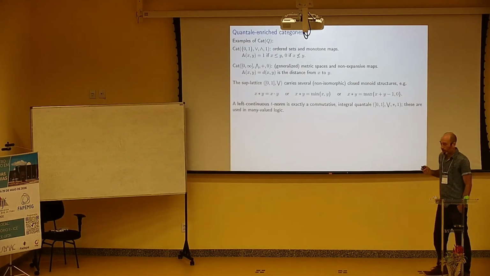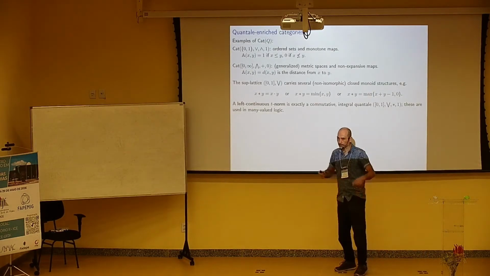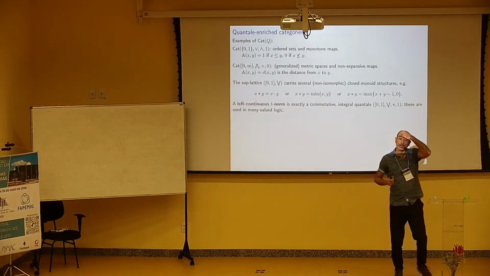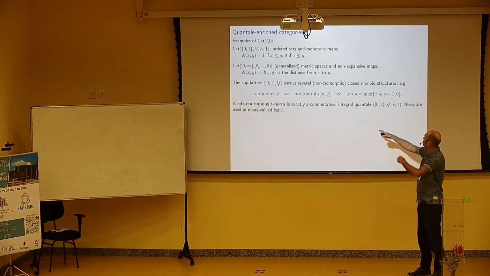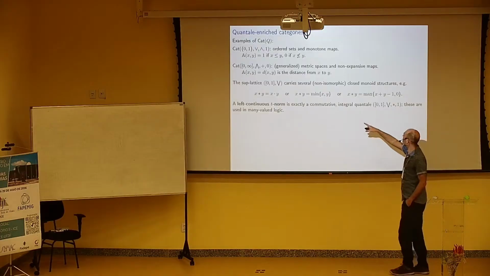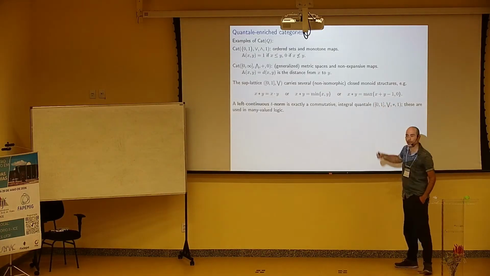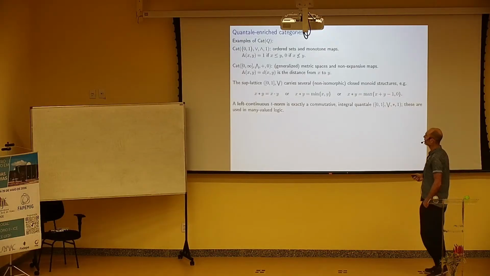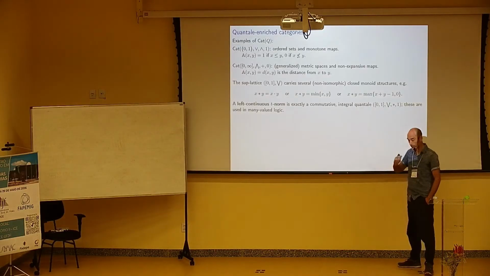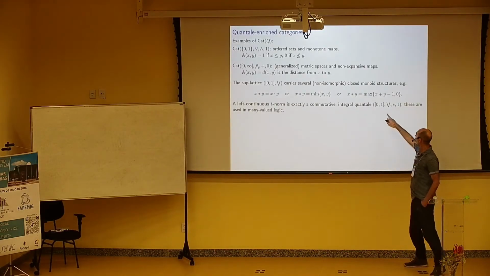But actually, the sublattice [0, 1] carries a lot of non-isomorphic closed monoidal structures. Here are some examples. You can take a product, you can take a minimum, you can take this funny thing here, which is the Lukasiewicz operation. And people in fuzzy mathematics call this a left continuous T-norm. In fact, the left continuous T-norm is precisely a commutative integral quantale on [0, 1].